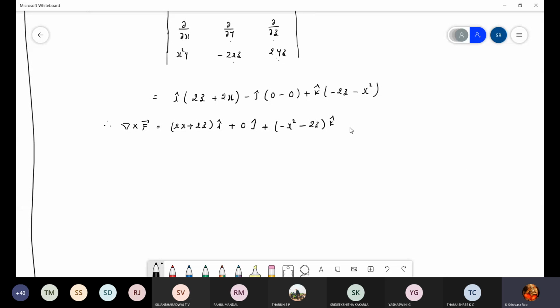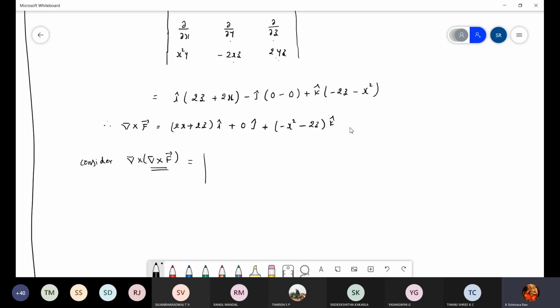Now again consider curl of curl f. We calculated curl f already, that is one vector.